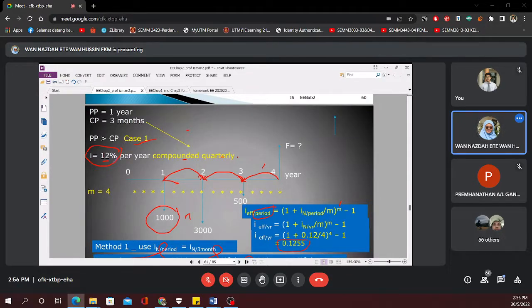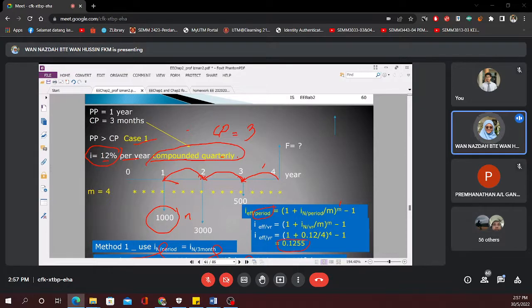And this 12% is actually the interest per year. Okay. And the compounding period is quarterly. So for this compounded quarterly, so your compounding period ni adalah 3 bulan. Betul? Okay.